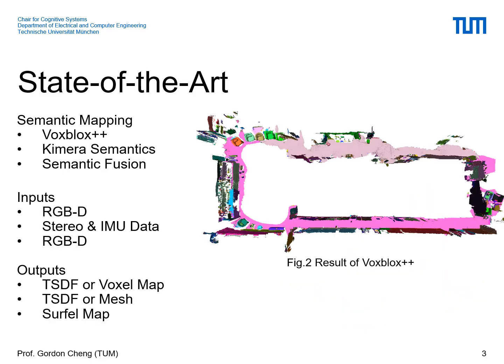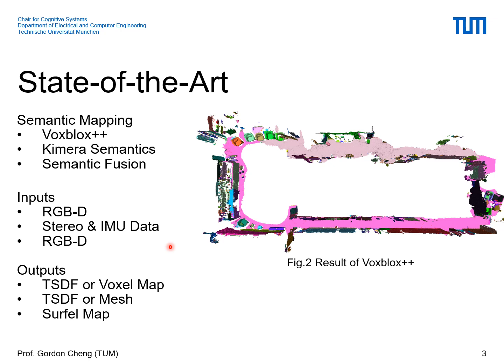There are already many state-of-the-art libraries and papers in this domain, such as VoxBlocks++ or Chimera Semantics or Semantic Fusion. And in their order of existence, they take inputs like RGBD data, or Chimera Semantics takes input as stereo vision data and IMU data, or Semantic Fusion also accepts RGBD data.